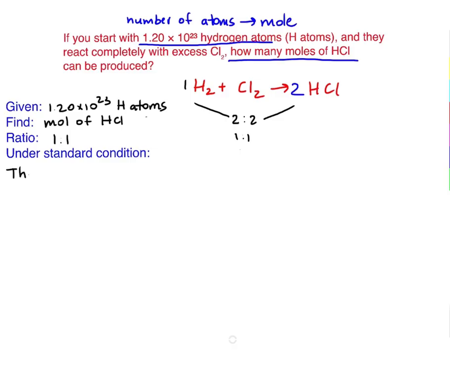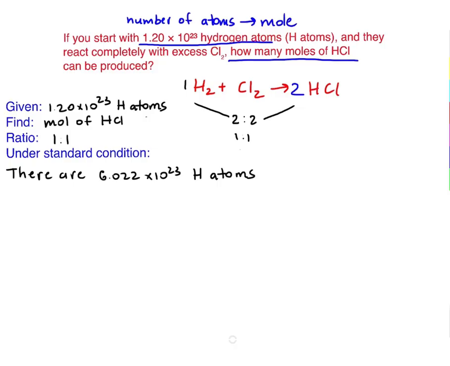So if you're given the number of atoms, if you have single atoms, you need to make sure you write that 2, because there are 2 atoms per molecule. So under standard condition, we write, of course, the Avogadro number. There are 6.022 times 10 to the 23 H atoms.